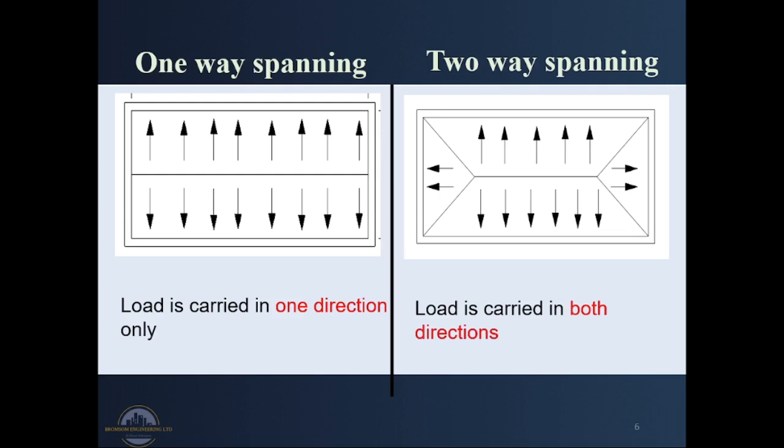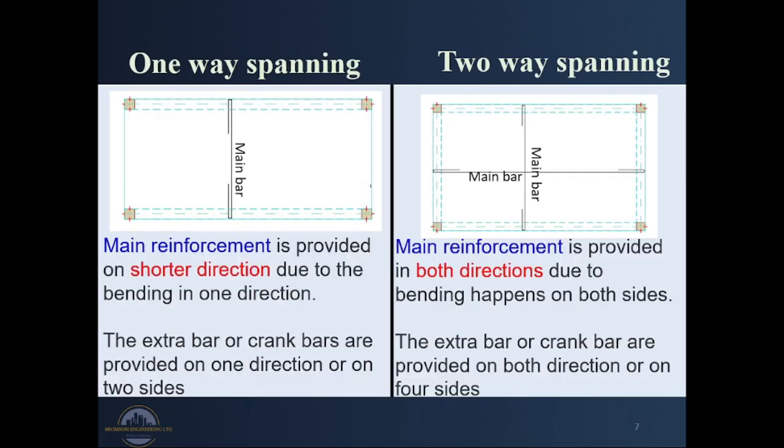Even from the fixing of the reinforcement site, if it is a monolithically cast reinforced concrete slab, then we will have main bars in all directions, as we will study later on. It is here where the main reinforcement in one-way spanning slabs is normally provided in the shorter direction as shown, due to bending in one direction resulting in a cylindrical shape, as we studied earlier.